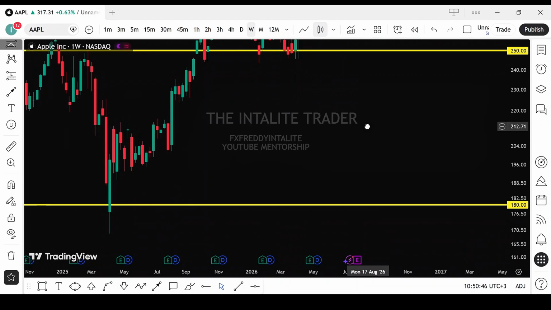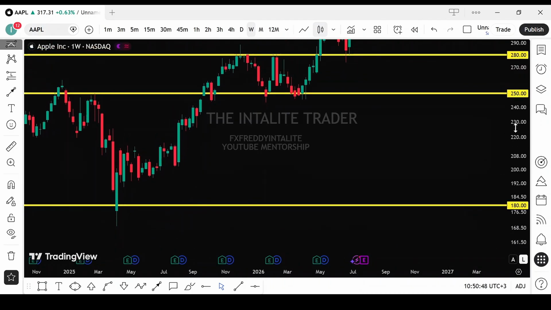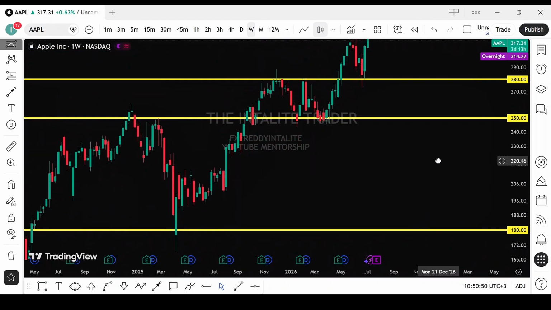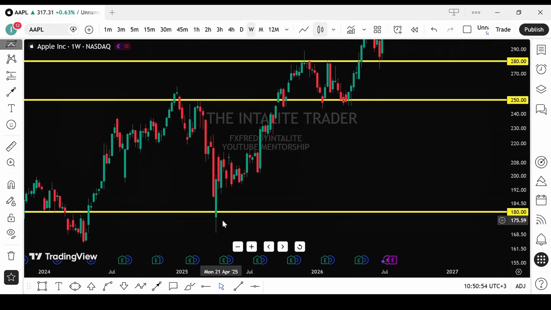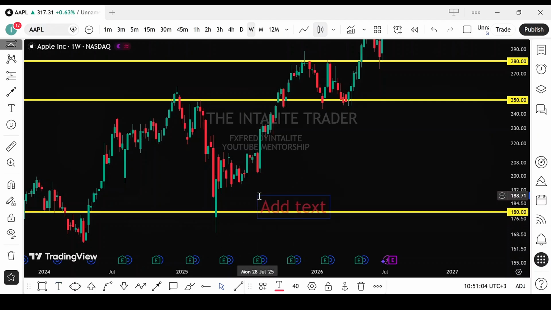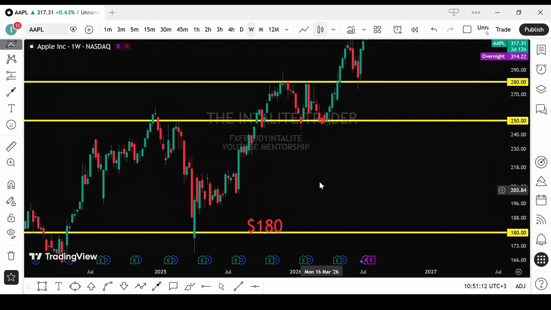Put OK. So you will agree with me, this market gapped into the $180 level here.